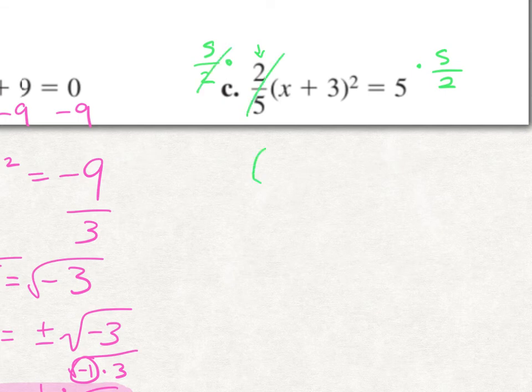So on the left side, we have x plus 3 squared, and then on the right side, we have 25 over 2. So I just multiplied both sides by the reciprocal of our coefficient just so it would cancel out.